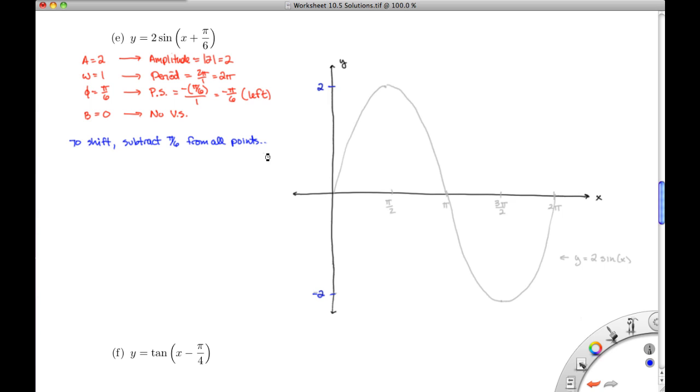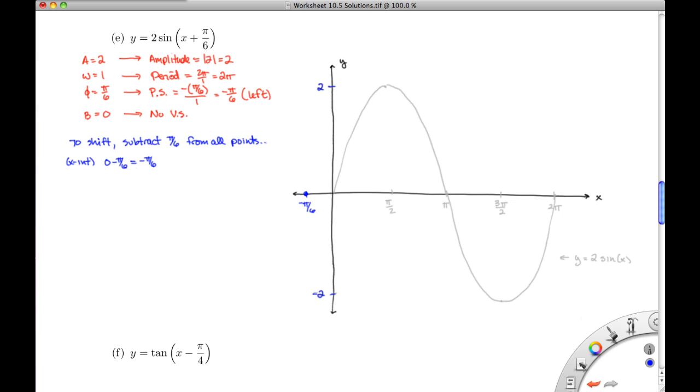All right, so we have an x-intercept here at 0. So we're going to take 0 and subtract pi over 6, and that's going to be minus pi over 6. So this point is now going to go over to minus pi over 6. So I'm going to label that and put that point right there.